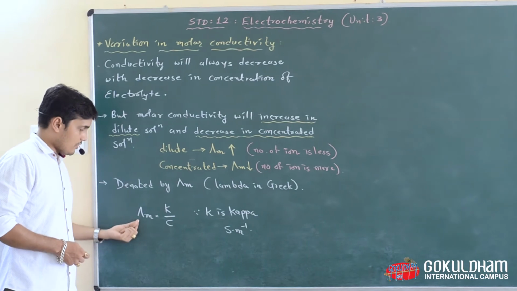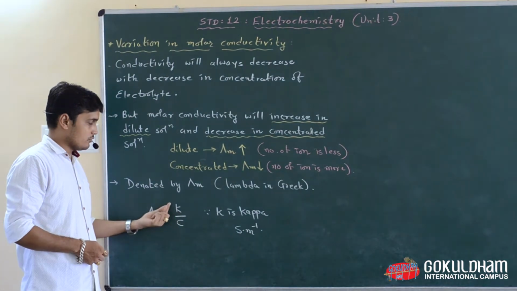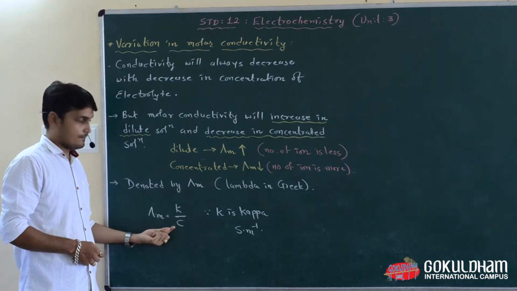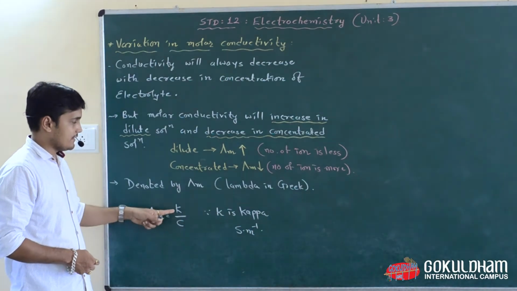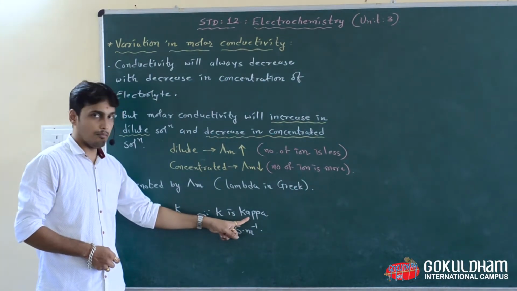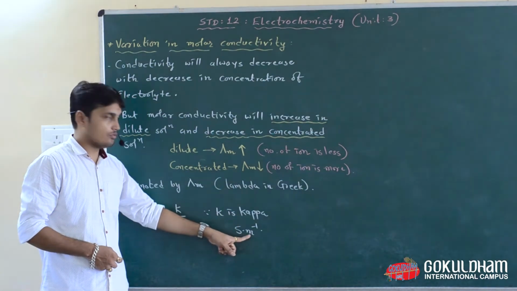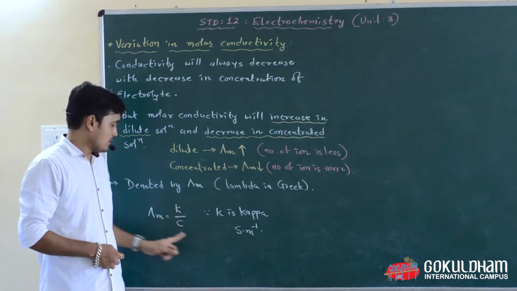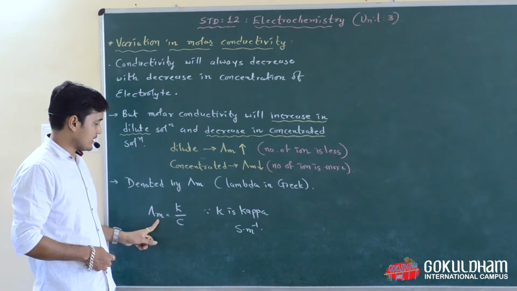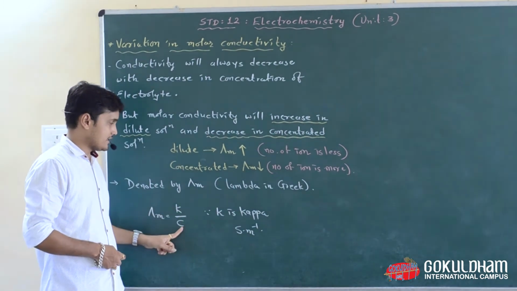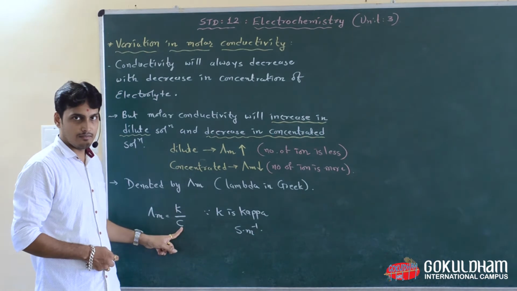The equation is lambda m equal to K by C. This K is known as kappa, and the unit of kappa is Siemens per meter. Lambda m is molar conductivity, K is kappa, and C is concentration.